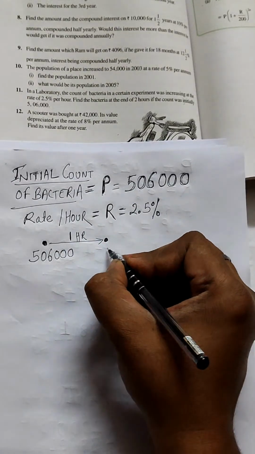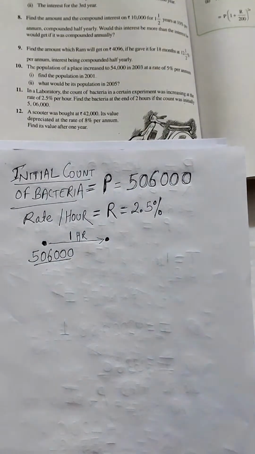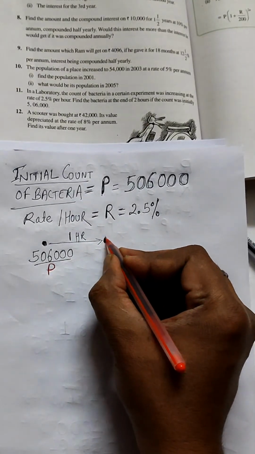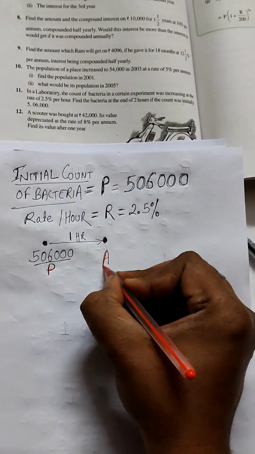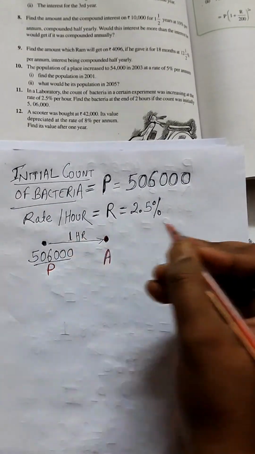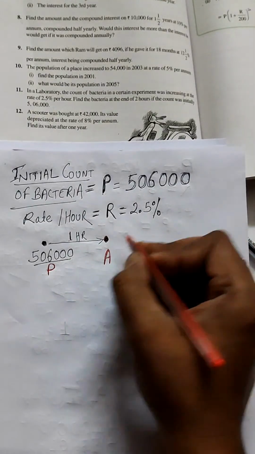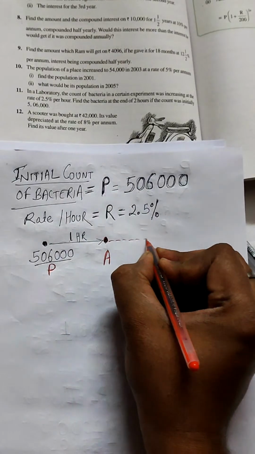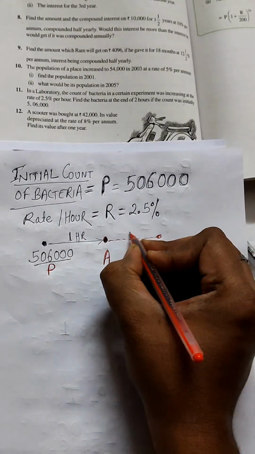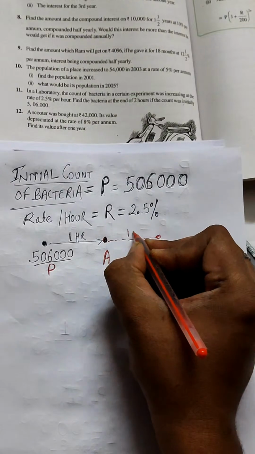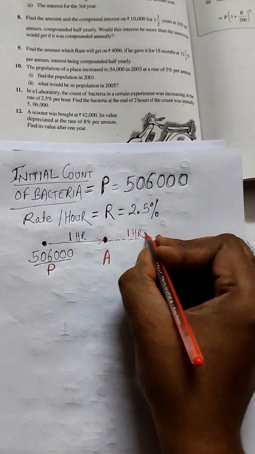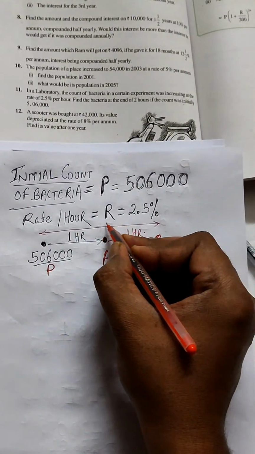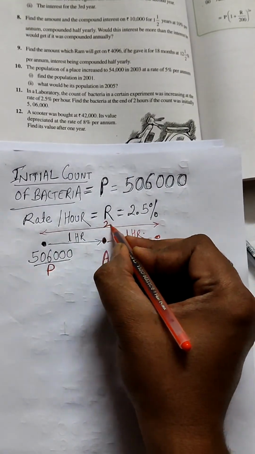So if this is the principal, then the count over here will be your amount, because this will be the rate, right? And again after this, you are going for the second hour, so this is an additional 1 hour, right? So total hours from here to here will be 2, right?